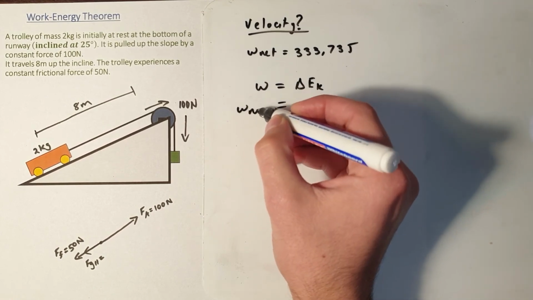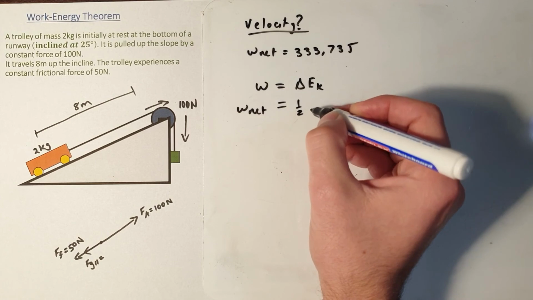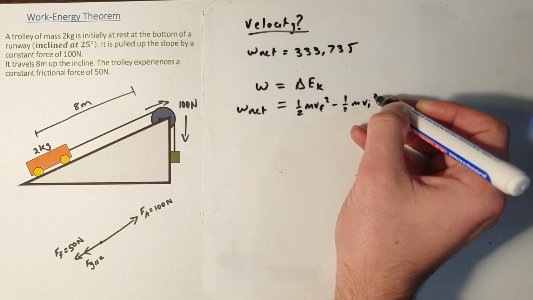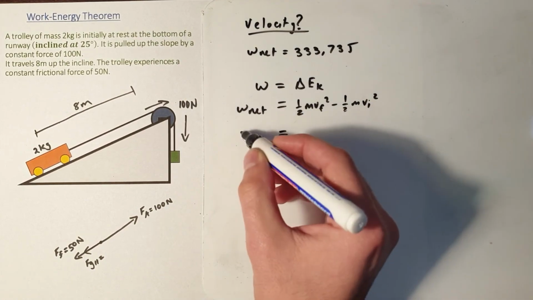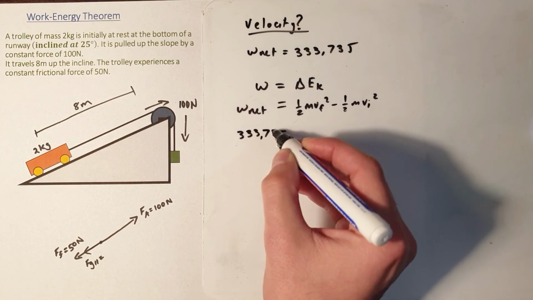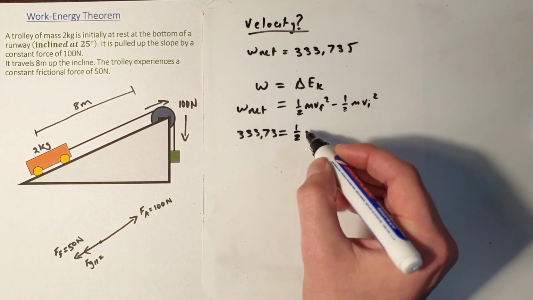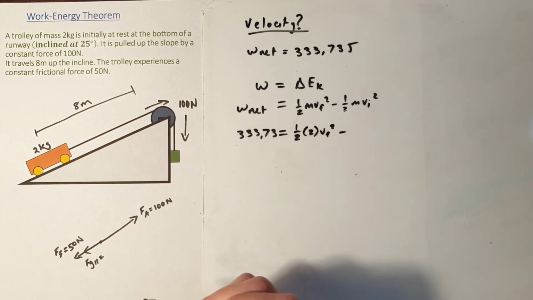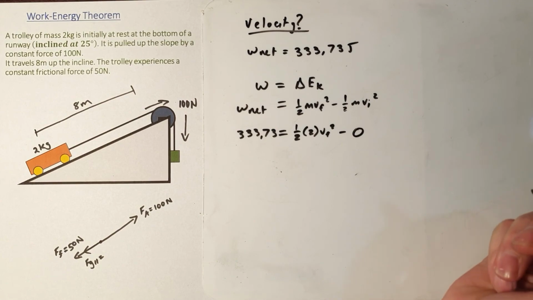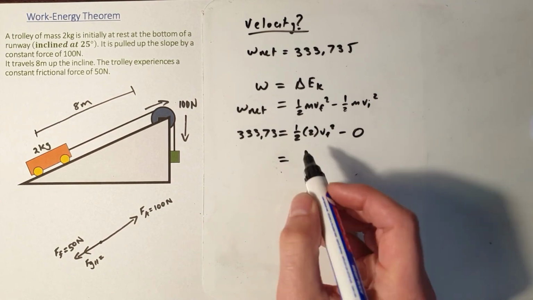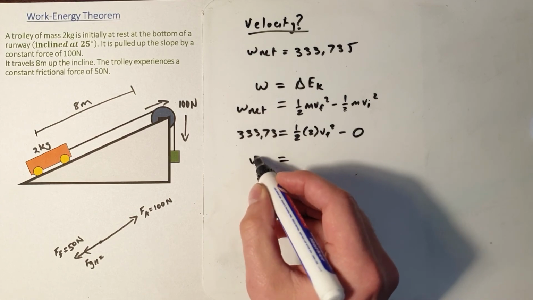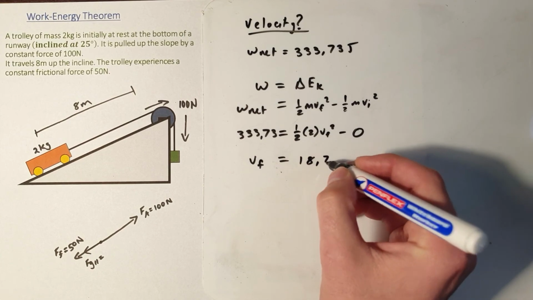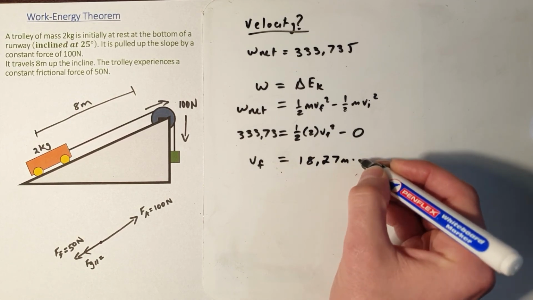So our net work is equal to half mass final velocity squared minus half mass initial velocity squared. Our net work was 333.73 joules. Half of the mass of 2, our final velocity squared. Our initial velocity, it was at rest, and so that's just going to be 0. Therefore, we can solve this to give us our final velocity, and that is going to be 18.27 meters per second.